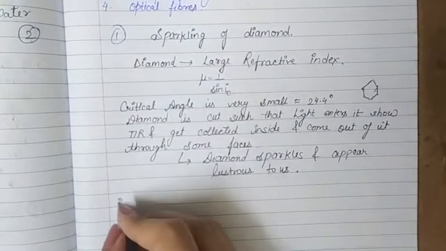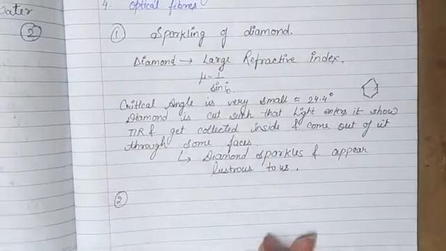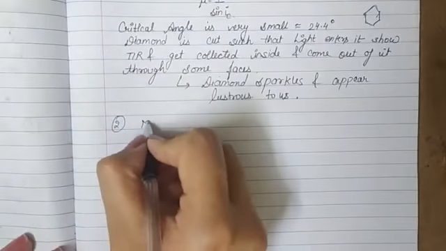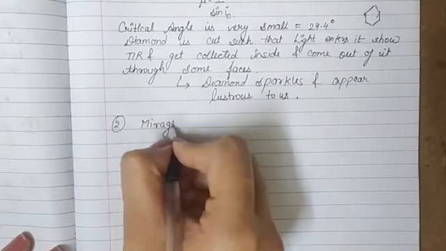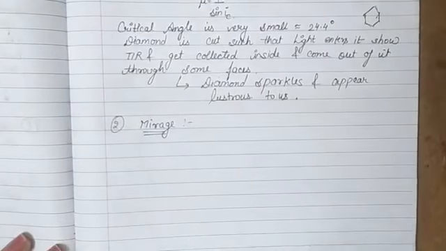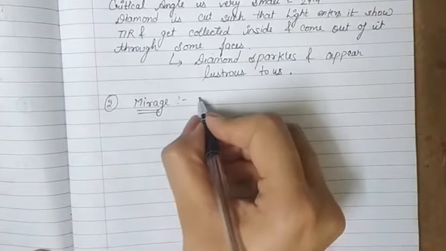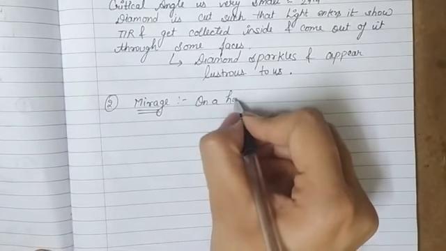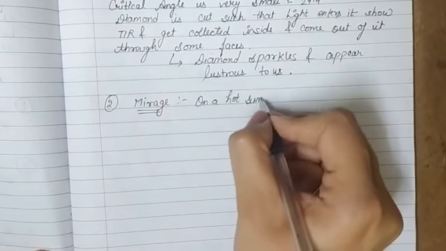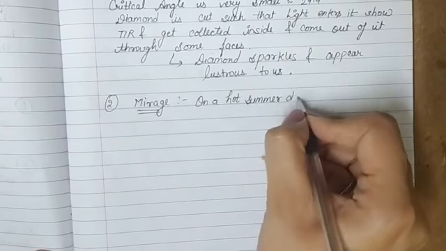Now the second application is mirage formation. This happens in areas where the temperature is high. Suppose we are traveling on a hot summer day and the temperature is quite high.